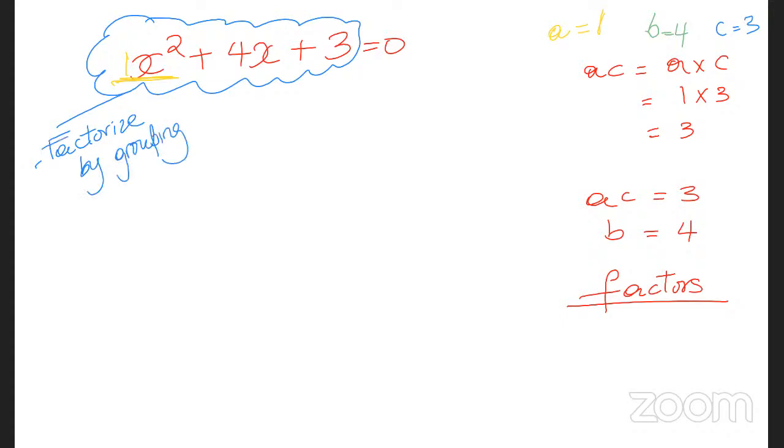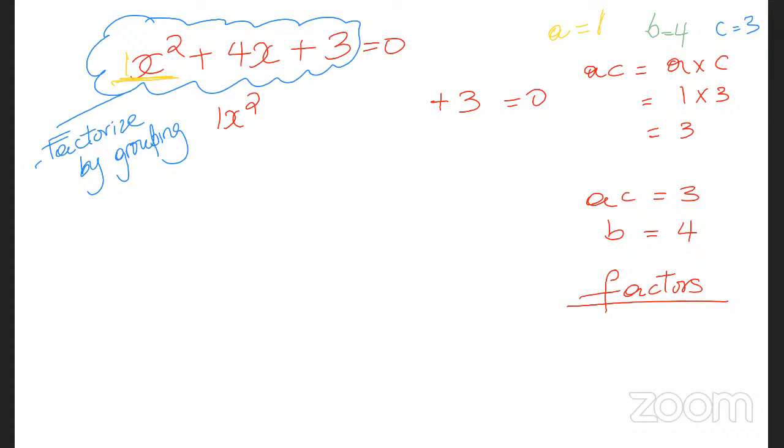You remember when you're factorizing by grouping, you have 4 terms. Presently, it has 3 terms. So we're going to have 4 terms. The first term is going to remain. The last term is going to remain. In other words, the term x squared is going to remain as it is, and the constant is going to remain as it is.